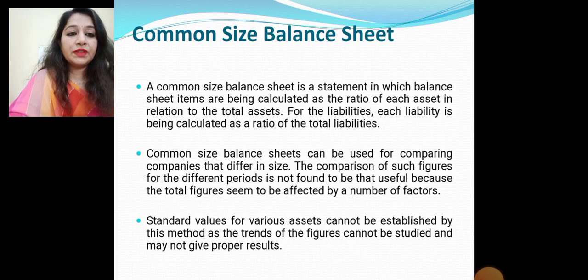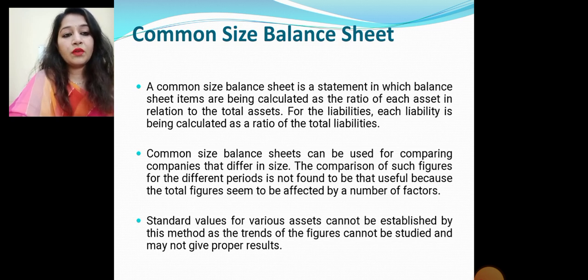Next, common size balance sheet. Common size balance sheet is a statement in which balance sheet items are calculated as a ratio of each asset in relation to the total asset. For the liability, each liability is calculated as a ratio of total liability. Common size balance sheet can be used for comparing companies that differ in size.